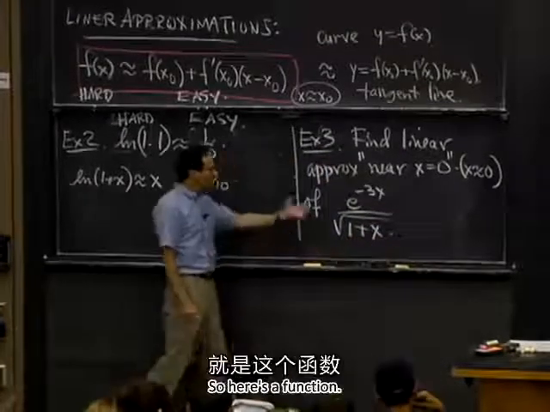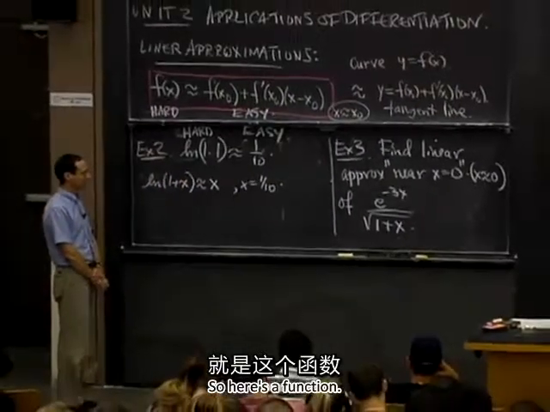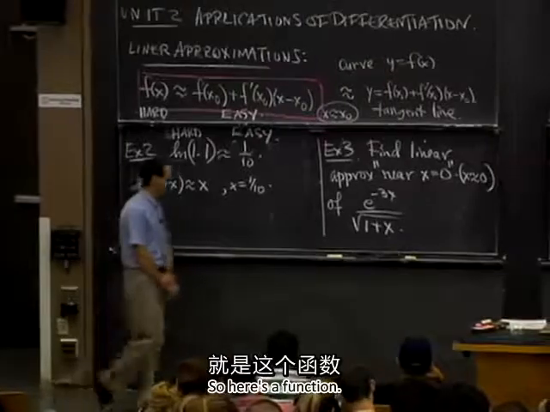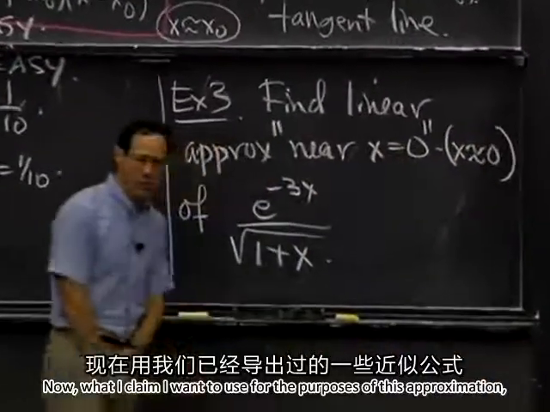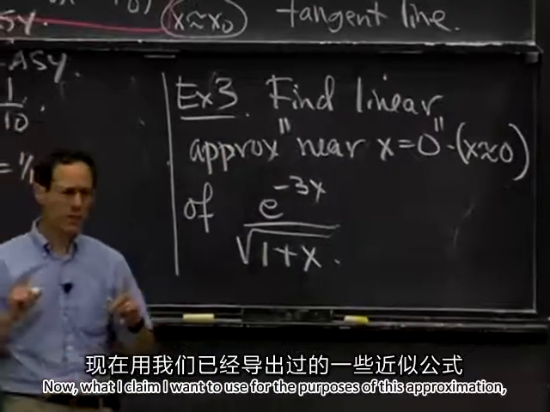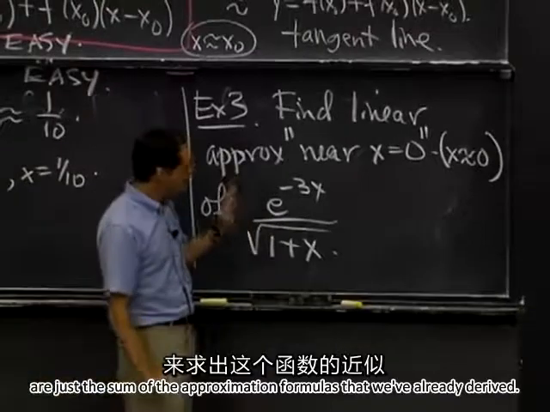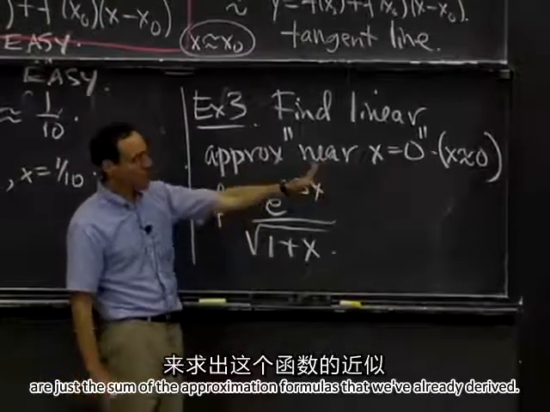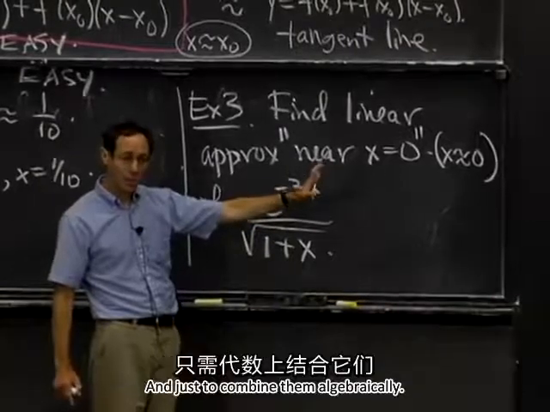So here's a function. Now, what I want to use for the purposes of this approximation are just the approximation formulas that we've already derived, and just combine them algebraically.